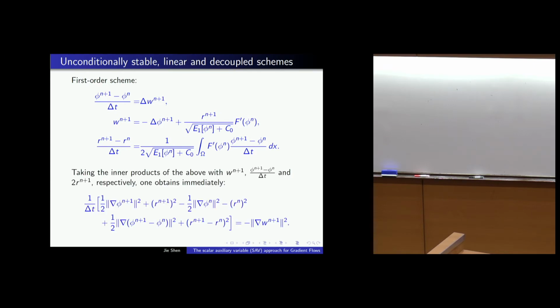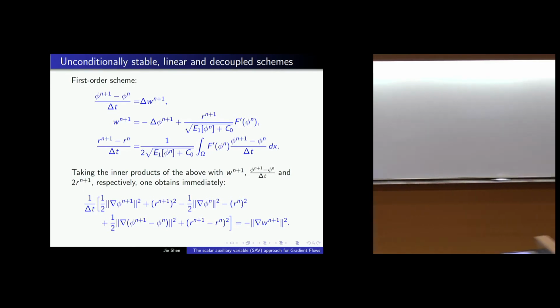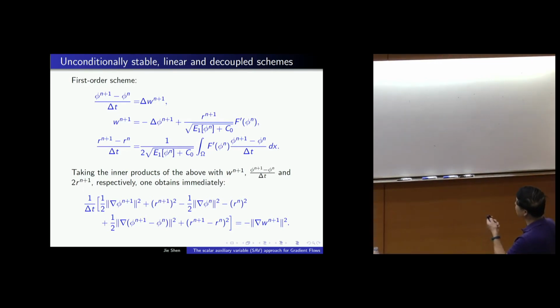And it's easy to see that if you multiply the first equation by W^(n+1), multiply the second equation by this, and multiply the third equation by 2R^(n+1), then this term and this term cancel out. No matter what the form of the nonlinear functional is, you get unconditional energy stability with a modified energy like this. Here, it's not the nonlinear function anymore, it's this auxiliary variable, R^(n+1) squared.